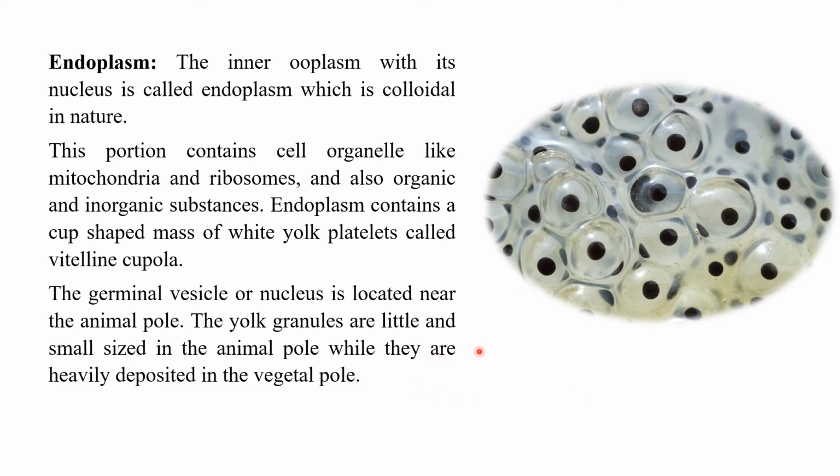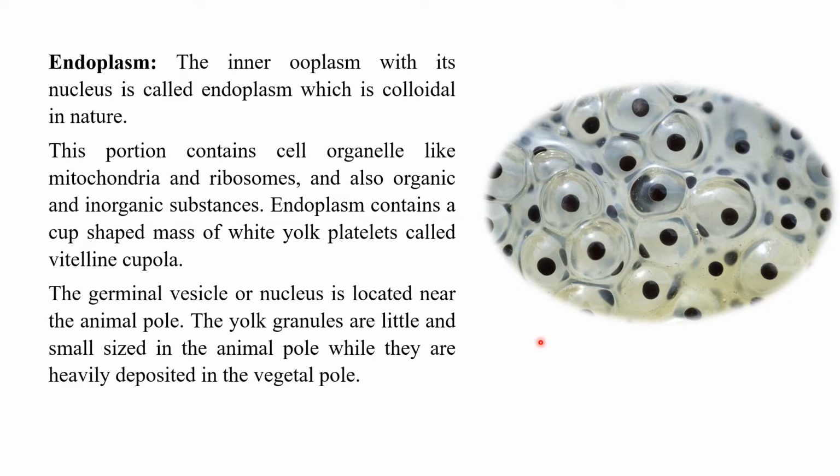Endoplasm also contains a cup-shaped mass of white yolk platelets called vitelline cupola. The germinal vesicle or nucleus is located near the animal pole.